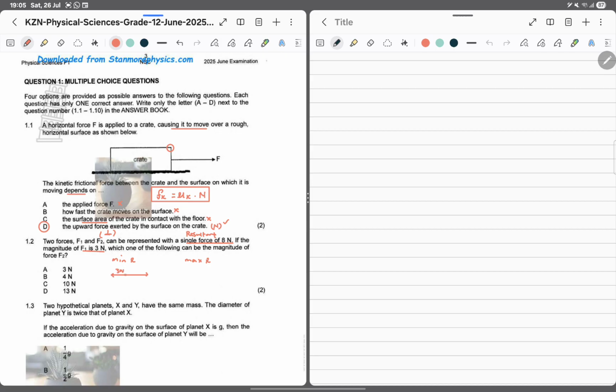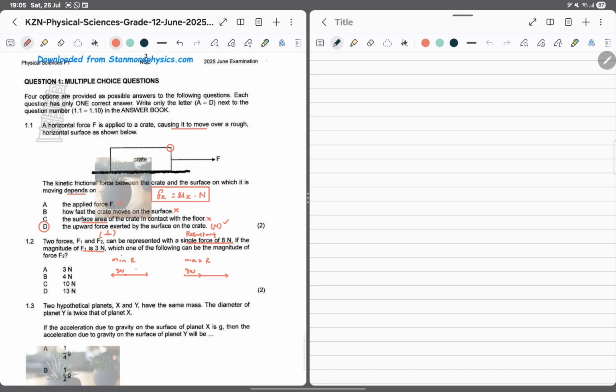This being the 3 Newton force, and the maximum we achieve when the two forces act in the same direction. So that is the 3 Newton force. And of course the resultant is going to be within that range from minimum to maximum.